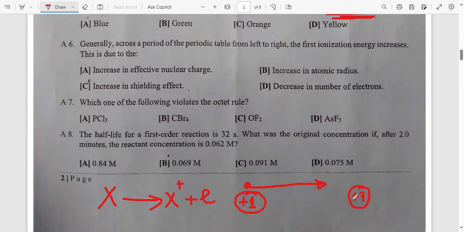Electrons in group 7 atoms are 7 times more bound to the nucleus. Ionization energy is the energy required to remove the electrons. So, between something that is bound once, and something that is 7 times more bound, which one is going to be hard to remove? It's the one which is 7 times more bound.